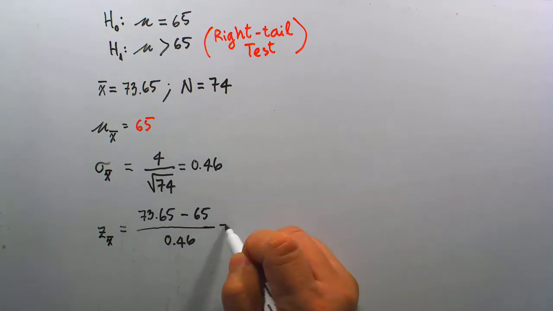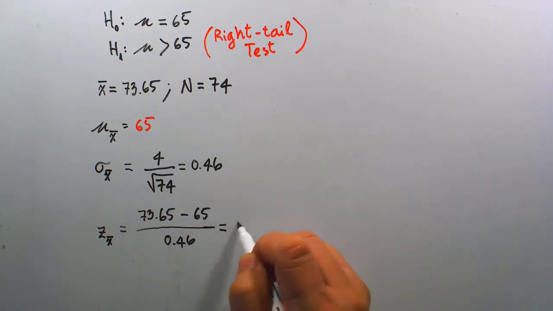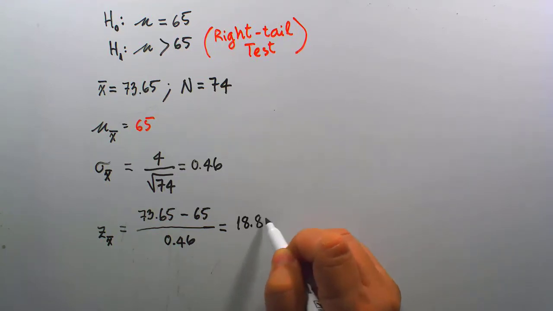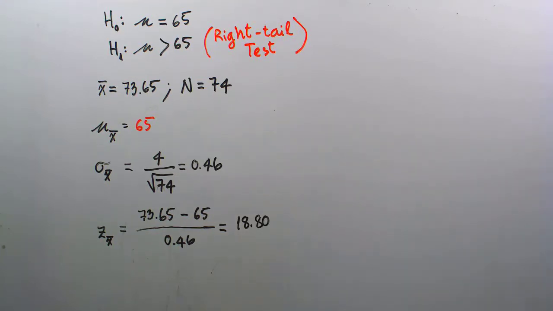The calculation comes out to be 18.80. And unless specified otherwise, usually I would go with 2 decimal places for any z-score calculation. So it would be the same here.